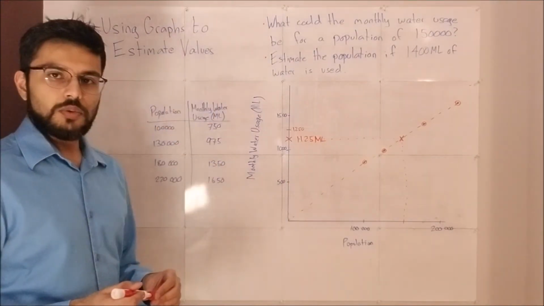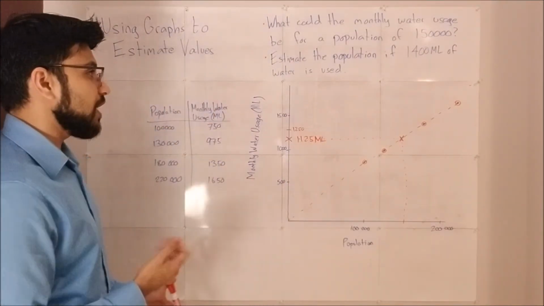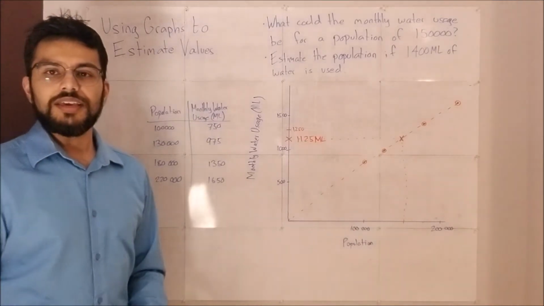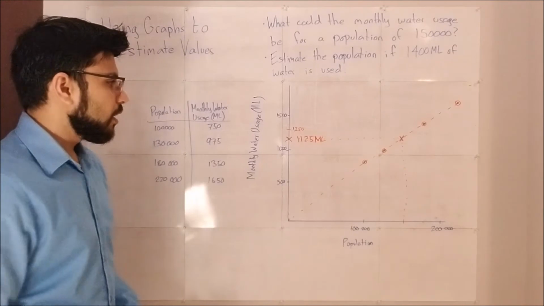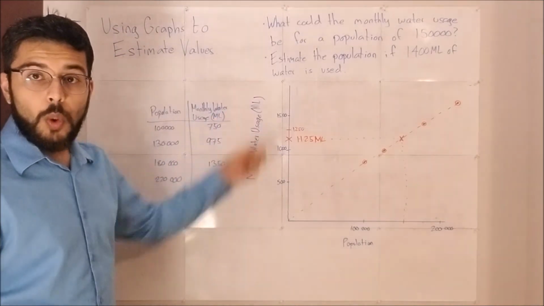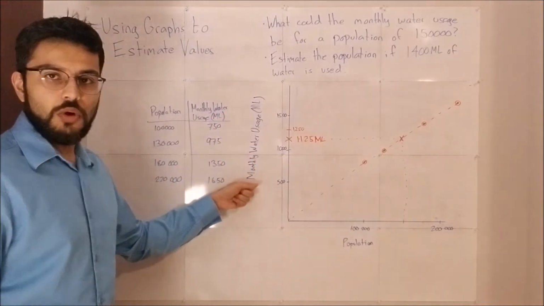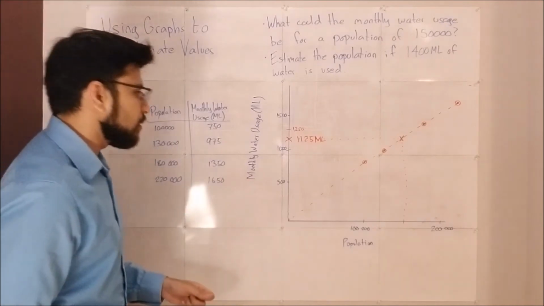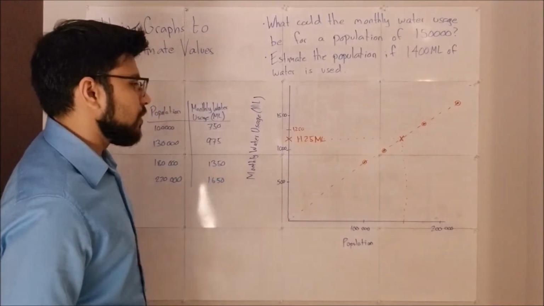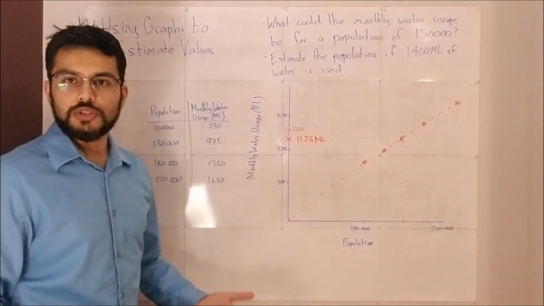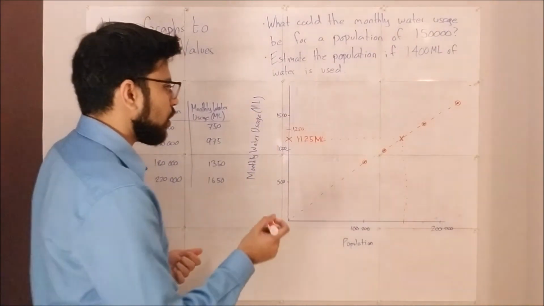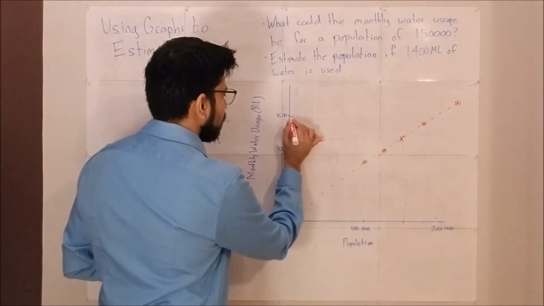The second question that I had, or the second query, was for you to estimate the population if 1,400 megaliters of water is used. So I have to find 1,400 on my y-axis now, because that's where my monthly water usage is labeled. And it looks like, well, I know 1,250 is right in the middle, and 1,400 has to be closer to 1,500, so it's probably somewhere around over here.